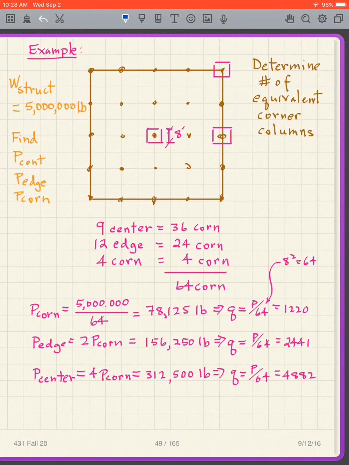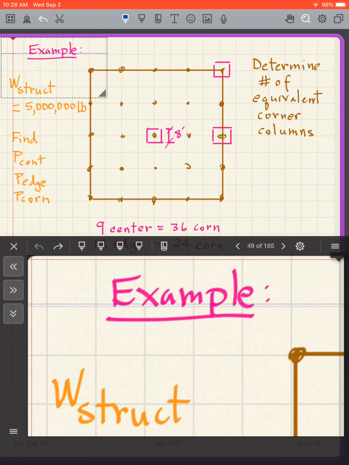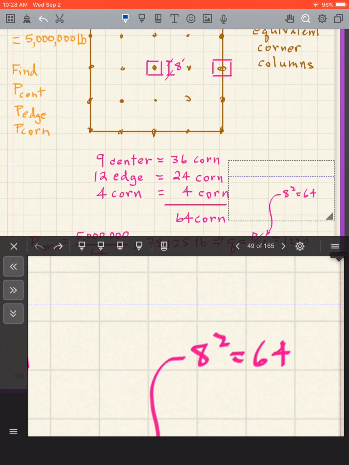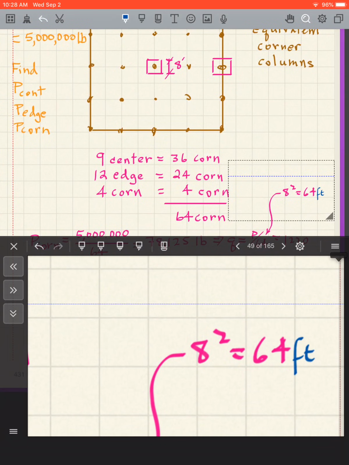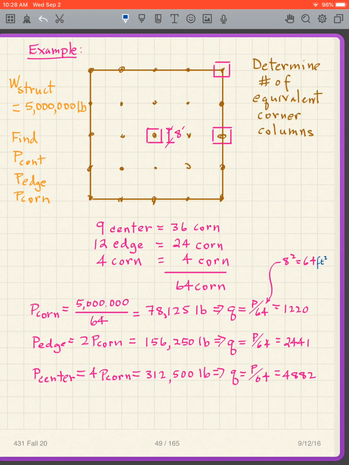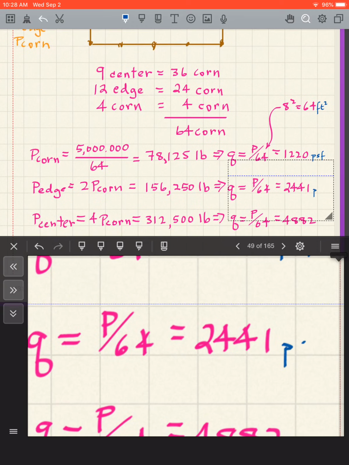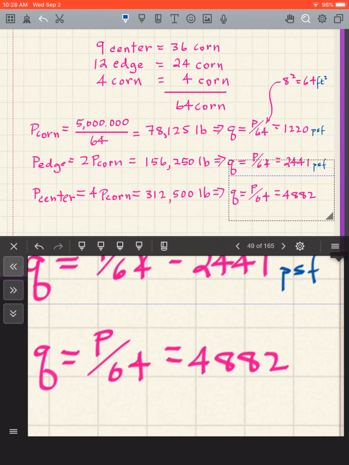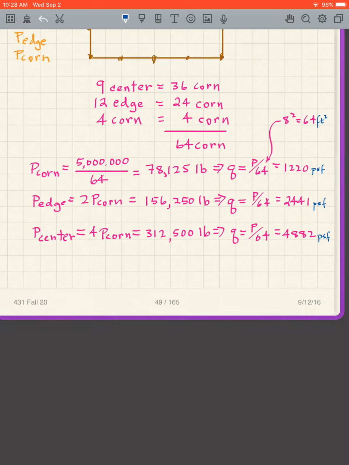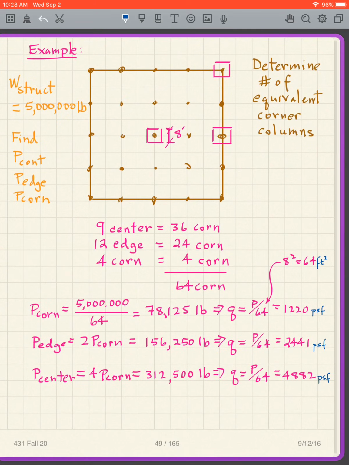I should read 60 to make sure that there is no confusion with this. This is 64 square feet, and that gives us the pounds per square foot for our Q here. So let's put that in there. That is our Q for our problem here.